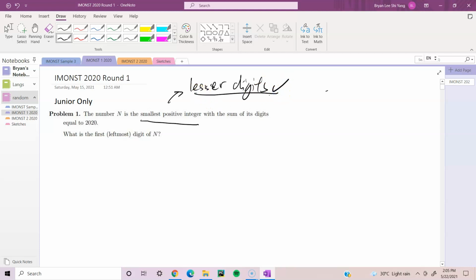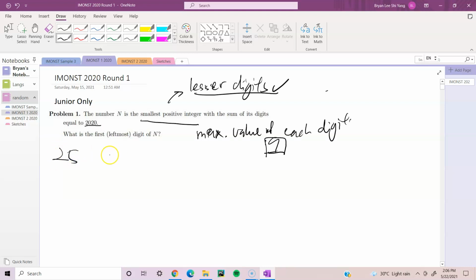And then, how do we minimize the number of digits? Of course, we want to maximize the value of each digit, the biggest being 9. So let's not do 2020 first, let's do a small number, let's say 25.